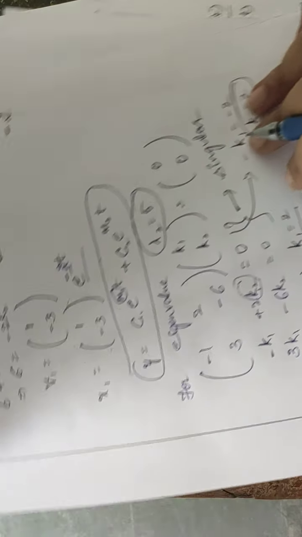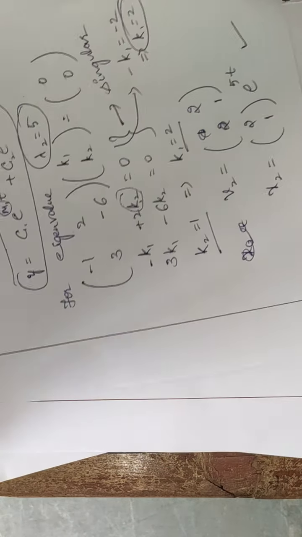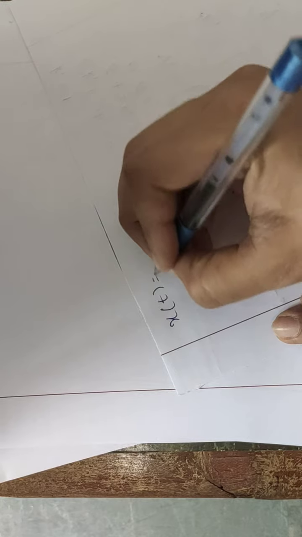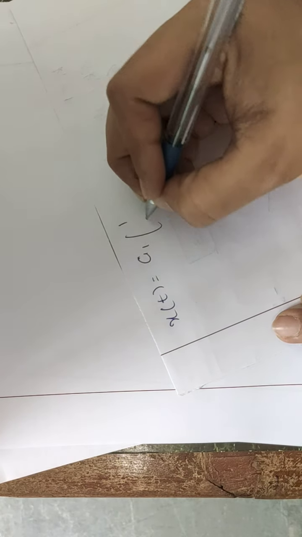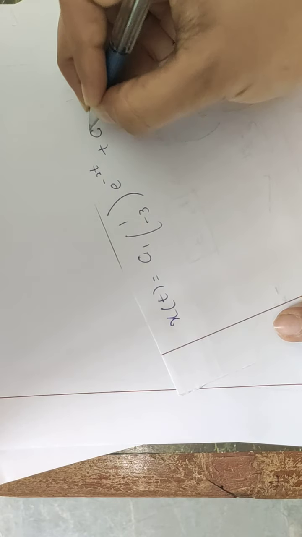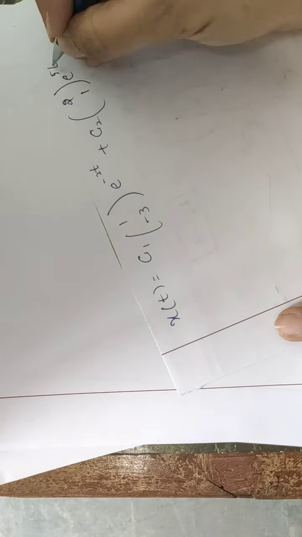So now I know what x1 and x2 are. The general solution will be x of t is equal to c1 (1, minus 3) into e power minus 2t plus c2 into (2, 1) e power 5t.